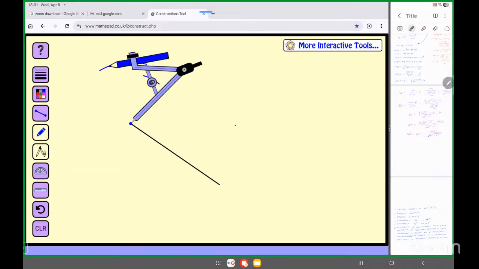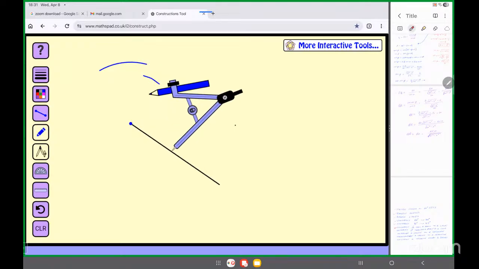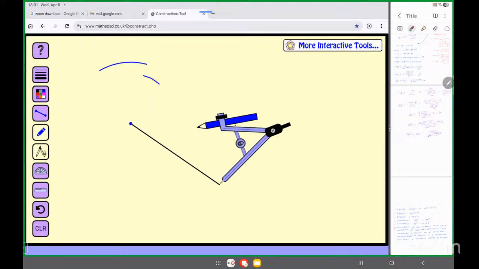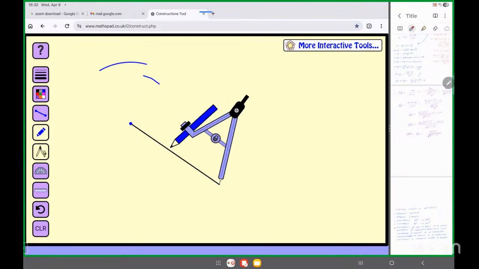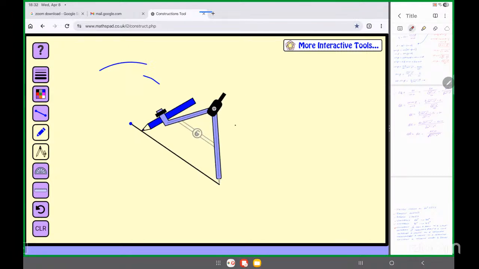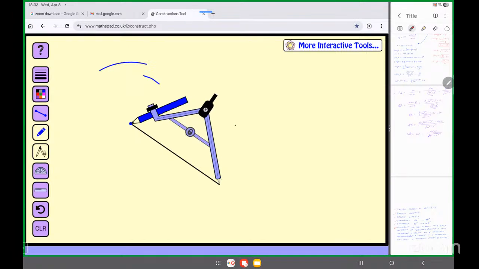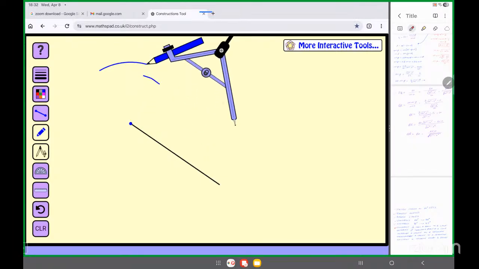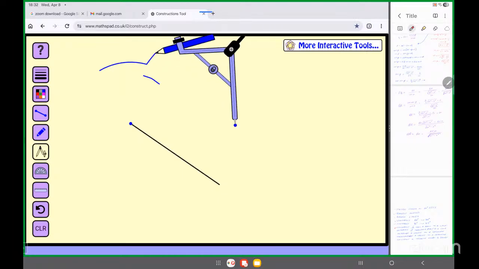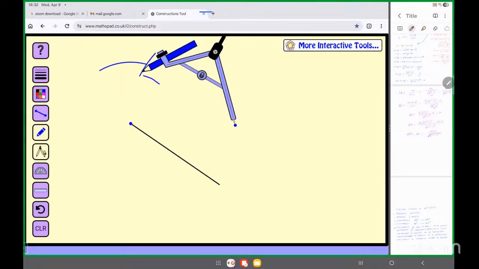Then I want to transfer the length of the line. So open my compass with the full length of the line, lock it, and I'm transferring that length up here. Just about make it. Let me start over again. I'll do it properly. Let's do this thing properly.